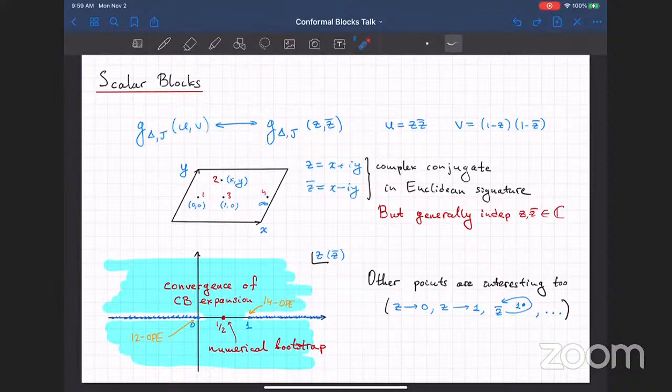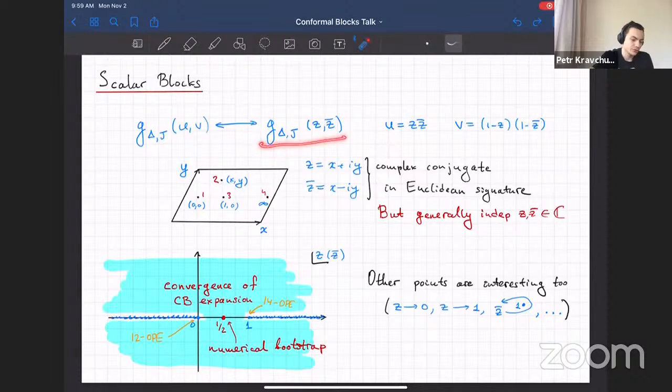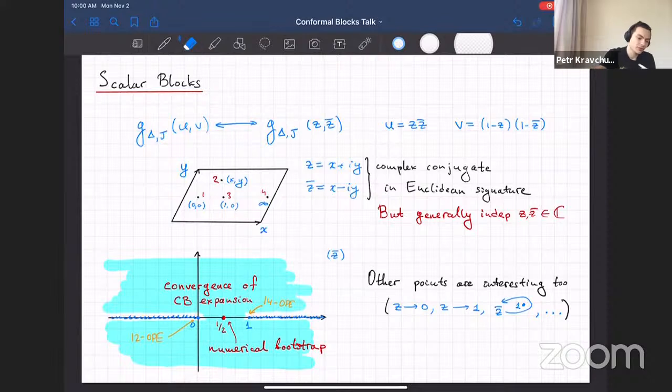Thank you. So the functions g delta j of z and z bar are functions of two complex variables. If you look at them as a function of z, first of all, you find that they have a cut along the negative real axis and a cut along the positive real axis starting at 1.